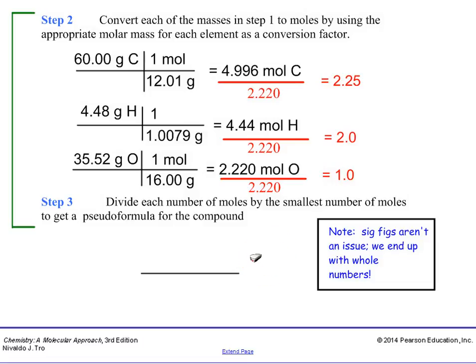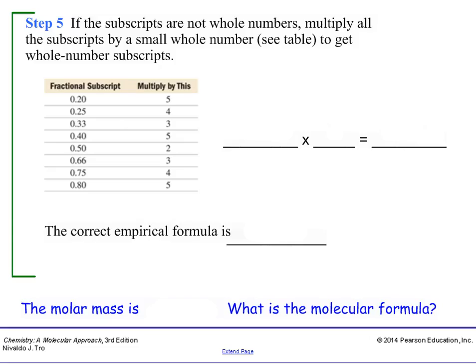I'm going to show this process out, but in fact I rarely write it all out. So my formula would be C2.25H2O1. But we can't possibly have a chemical formula that has a fraction in it, because atoms only come in whole numbers. So take a look at the next page of notes.